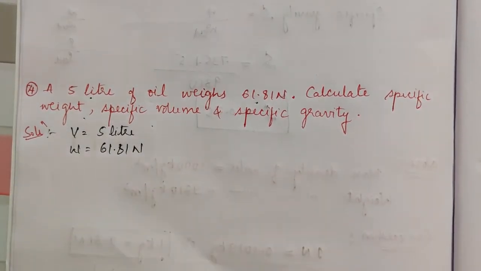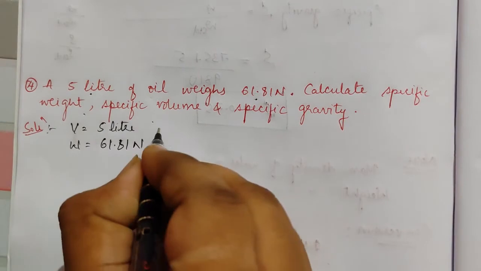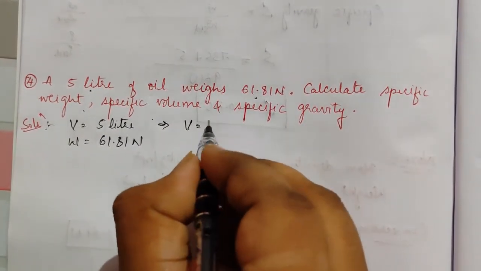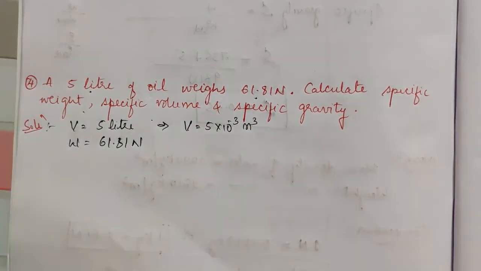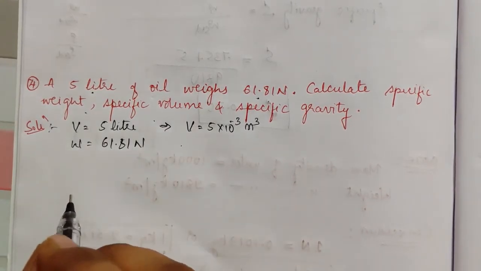This is the given value. We have to find with the same formula and the same notation. As in the note I discussed, volume will be 5 into 10 power minus 3 meter cube. Weight, let it be in Newton only.